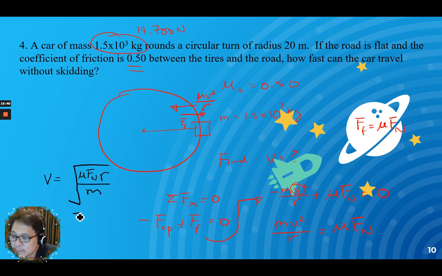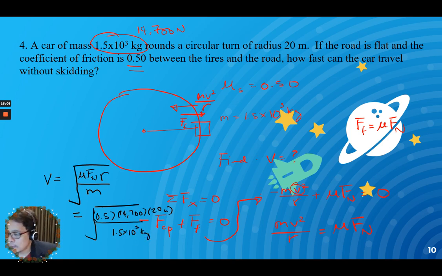So this is equal to, the mu is 0.5, the Fn is 14,700 newtons, and the radius, is it given, 20 meters, divided by the mass, 1.5 times 10 raised to the third kilograms. We are given the mass.